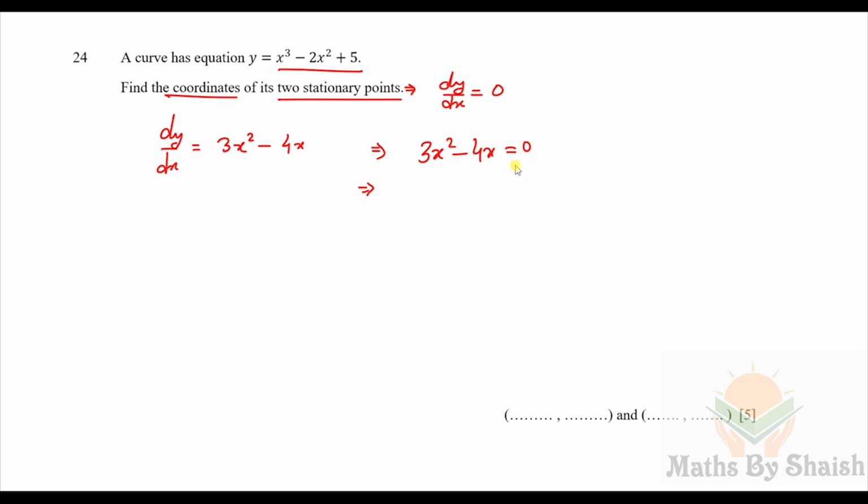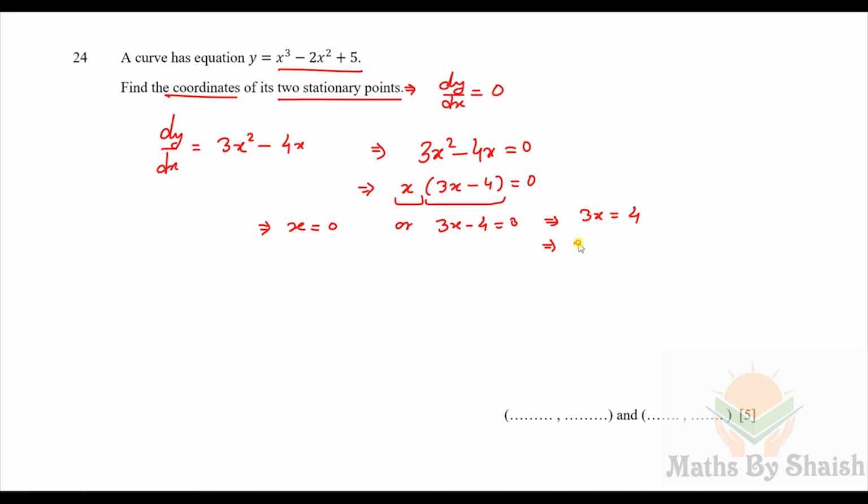So I'll take x common, and it is x times 3x minus 4 equals 0. Again, we have the product of two numbers as 0, so one should be 0. It means either x is 0 or 3x minus 4 is 0, meaning 3x equals 4, or x equals 4 over 3.